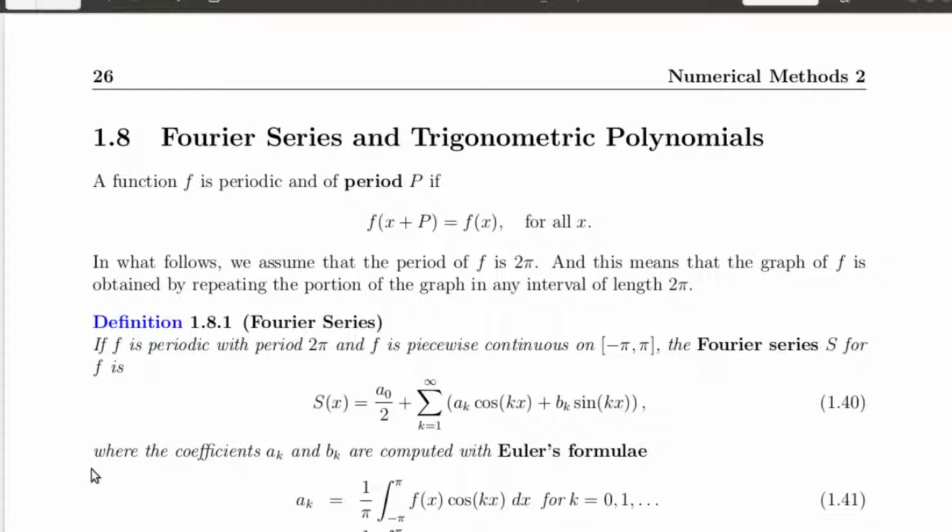So back to the history of Fourier series. Actually, the name is coined after Joseph Fourier. The name is in his honor, because he contributed a lot to the study of trigonometric series.